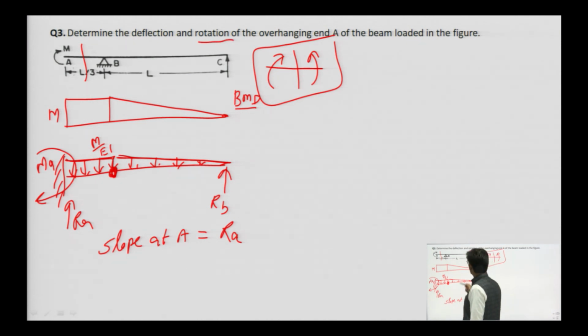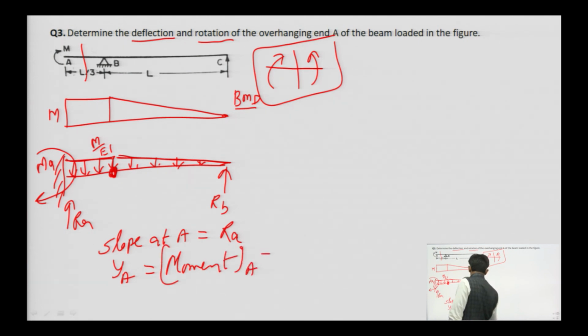Rotation means slope. Determine the deflection: the deflection Y A at the free end will be the moment at A. So, find this value M A. We need to find the values of RA and RB.